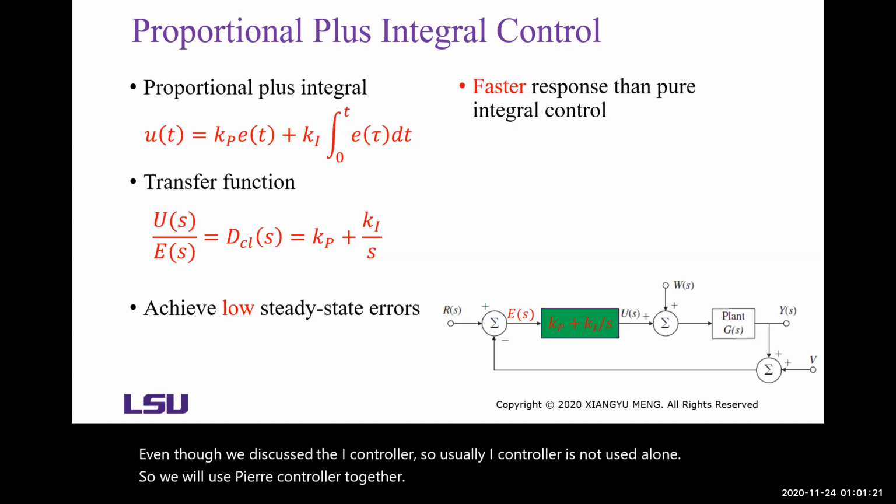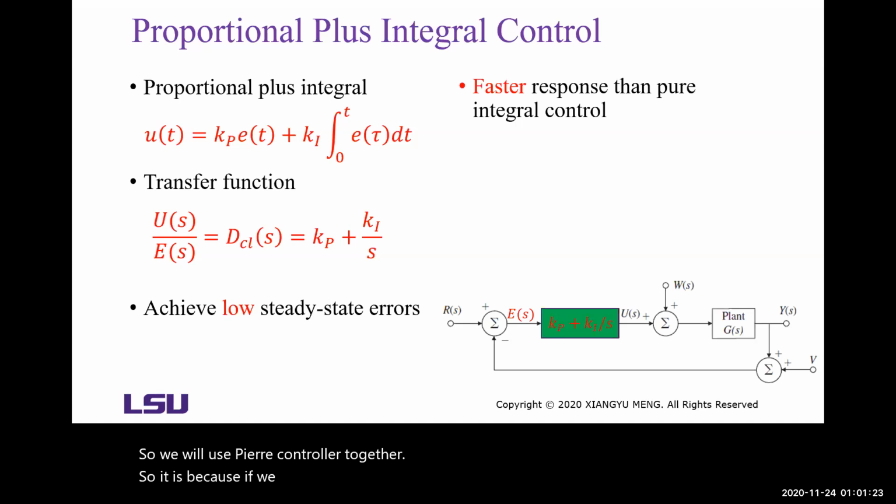It's because if we put in the P controller, the closed loop system will usually have a faster response than pure integral control.